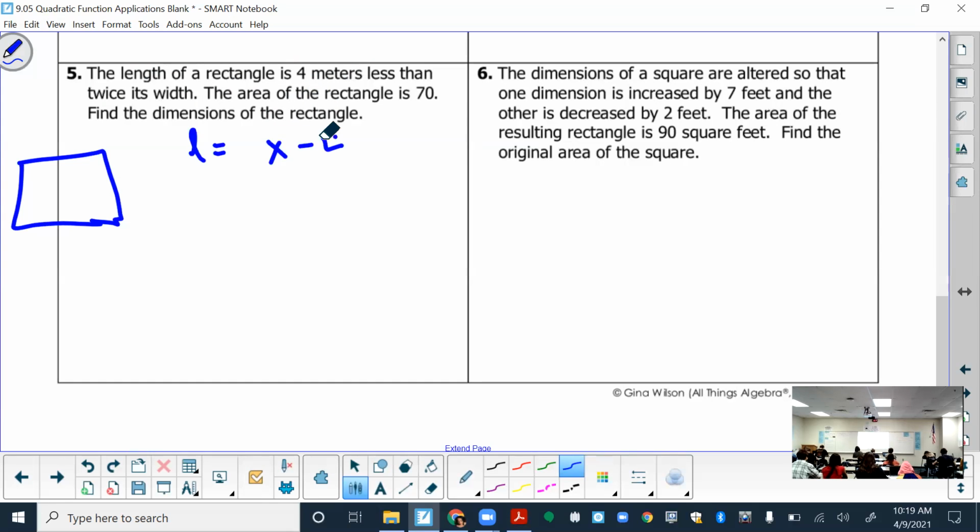Good. How did you know that it goes on the other side? Remember we said than is like a switch word. So it's 4 meters less than, less than means subtract. But since it's than, we put it this way, right? We're taking it away from something else.